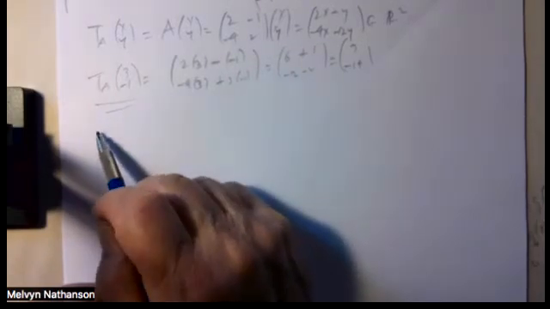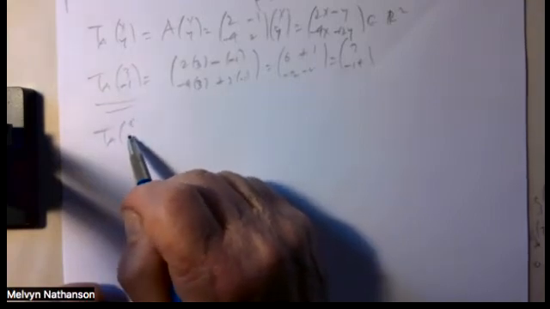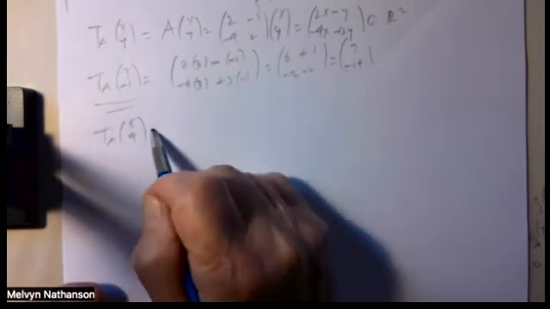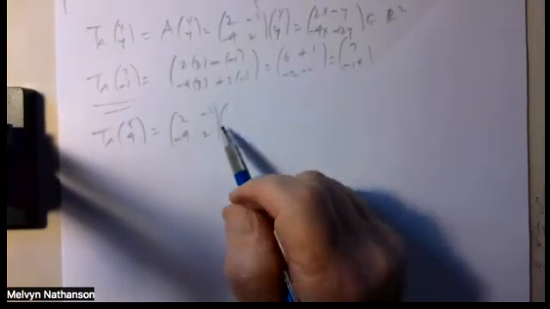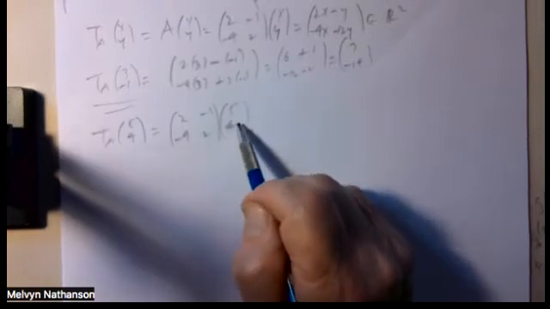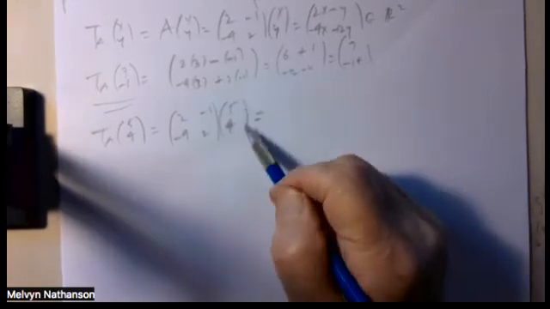Just to make sure that you can do these simple calculations, what is T sub A of the vector 5, 4? Just take a piece of paper and calculate this. You're taking the matrix 2, minus 1, minus 4, 2 and multiplying it by the vector 5, 4. And what do you get? Can someone tell me the answer?